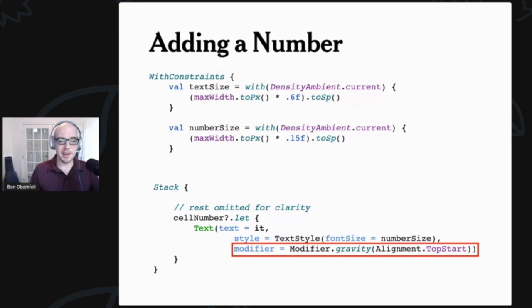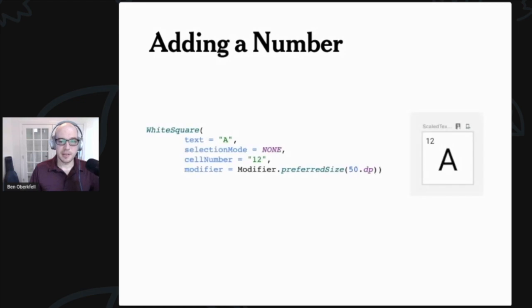But if they did, this would get you that, because Android's start and end is going to account for right to left, left to right switches, locales. So we're going to say top start. And so on our lovely left to right locale emulator I'm running, it's going to put the clue number at the very top left. So now we look at our preview, we drop in a cell number, looks great, and it's nicely proportioned and hanging out up there in the corner.